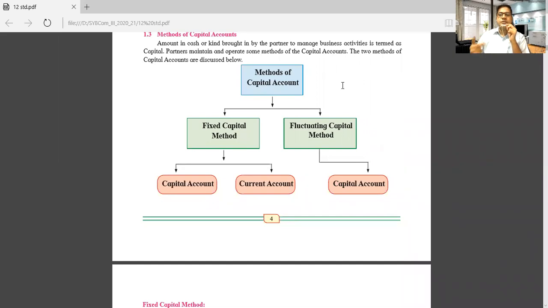Then we will discuss the treatment, how we will show capital using the fixed capital method and the fluctuating capital method in our final accounts.